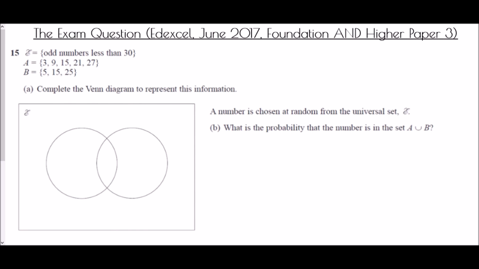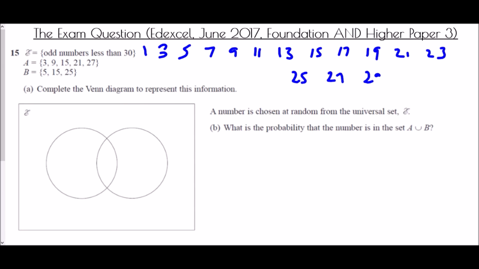The first thing I want to do in this question is list what numbers would be in the universal set. We're dealing with the odd numbers. So that would be 1, 3, 5, 7, 9, 11, 13, 15, 17, 19, 21, 23, 25, 27 and 29.